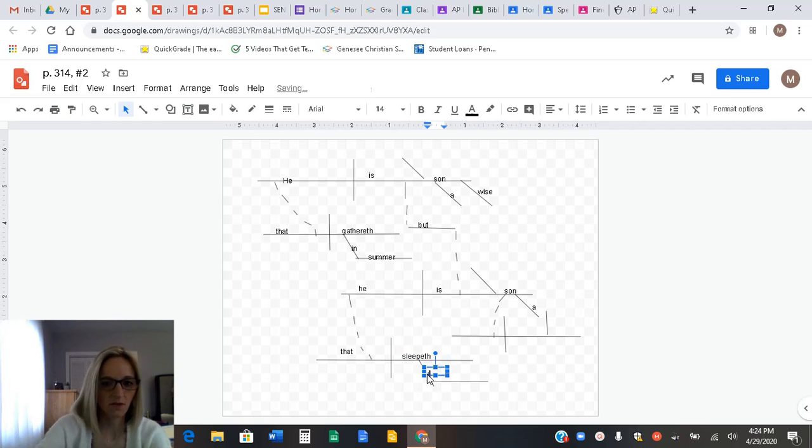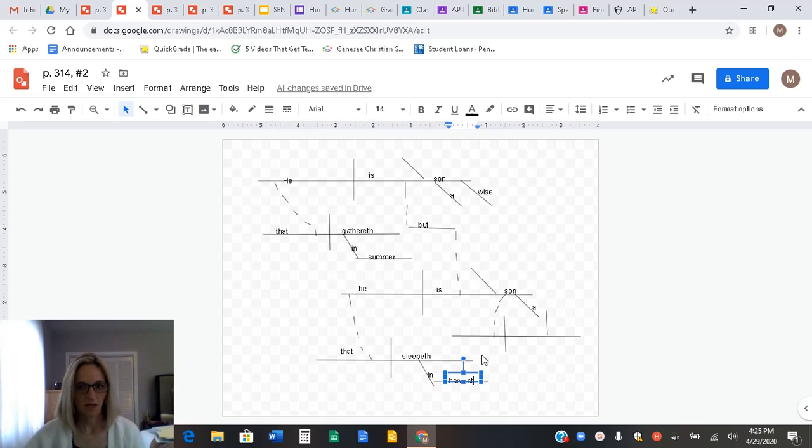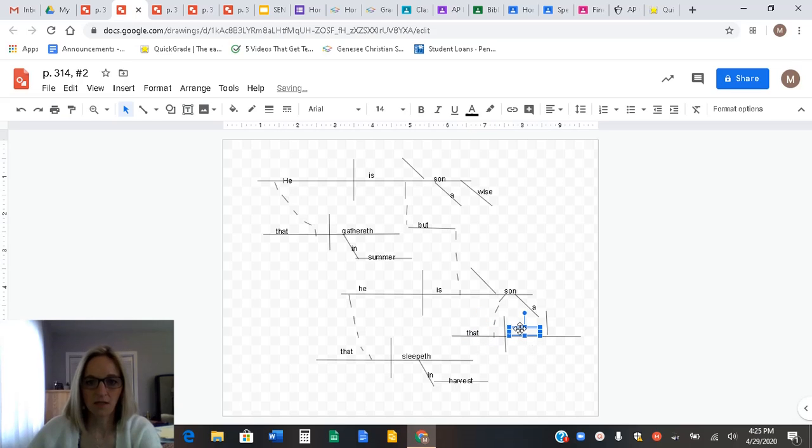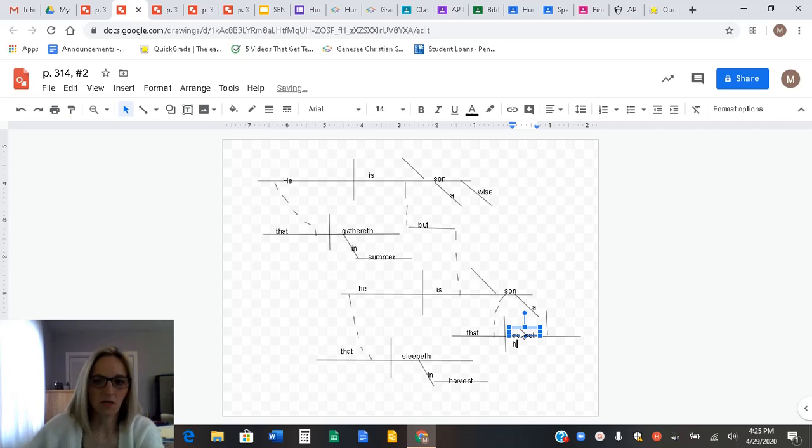Okay, that's all describing he. He that sleepeth in harvest is a son. Here's another dependent clause that causeth shame. So that's describing son. So that causeth shame.